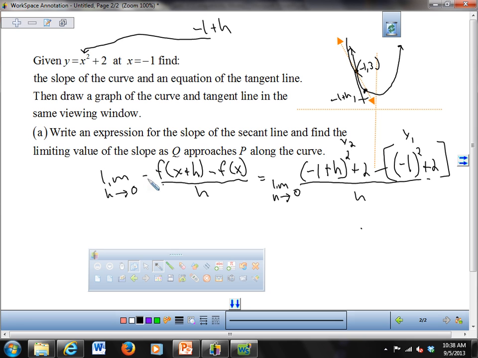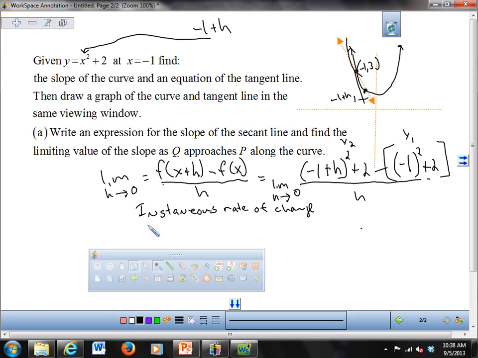This expression, the limit as h goes to 0, is not the same as the difference quotient. This is called the instantaneous rate of change. Instantaneous rate of change is called a couple of things.